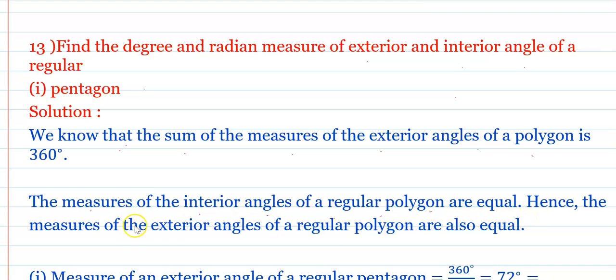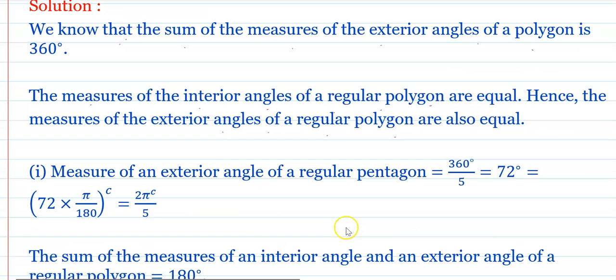And hence the measures of exterior angles of a regular polygon are also equal, because they make a linear pair of the angles. Therefore, the measure of exterior angle of a regular polygon, a highly important formula, is 360 upon n. n means what? The number of the sides.